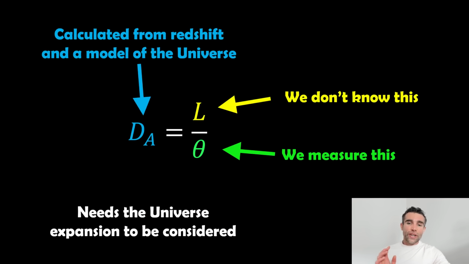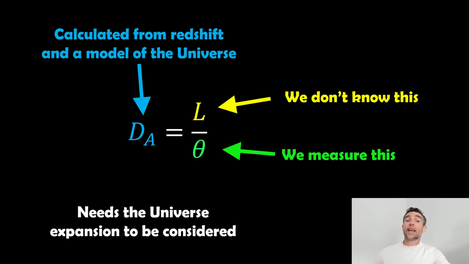So we don't know the physical size. That's what we want to know about the galaxy. We measure the angular size, but the angular diameter distance on the left hand side, we have to calculate, knowing some things about the universe. So we'll take the redshift of the galaxy. Because the universe is expanding, galaxies further away are moving away from us faster, so we get a redshift in the light.